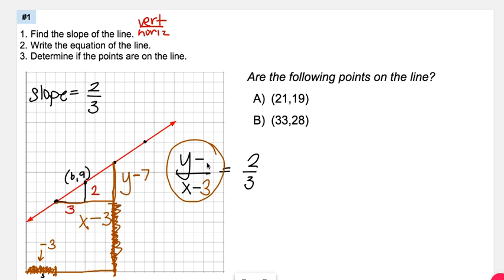So this distance here is y minus 7 units. So that would be number 2. So number 2, my answer would be y minus 7 over x minus 3 equals 2/3.